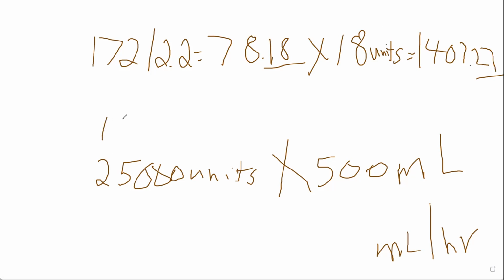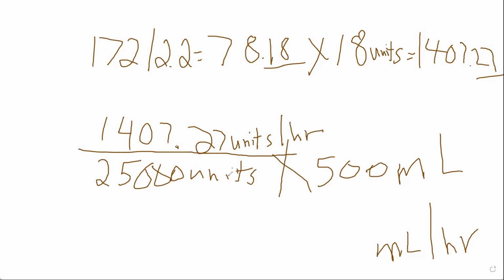And I will take that whole thing and divide it by what I have on hand. Don't erase anything from the calculator. Again, this is going to be units per hour. So units is going to cross out. And you'll be left up with milliliters per hour.